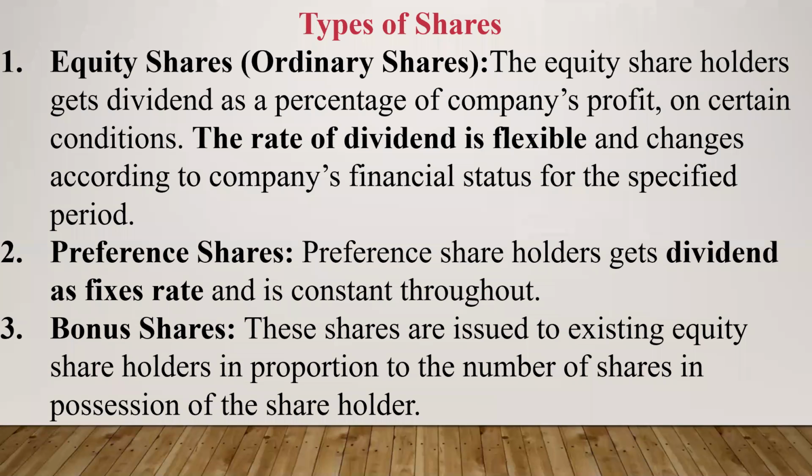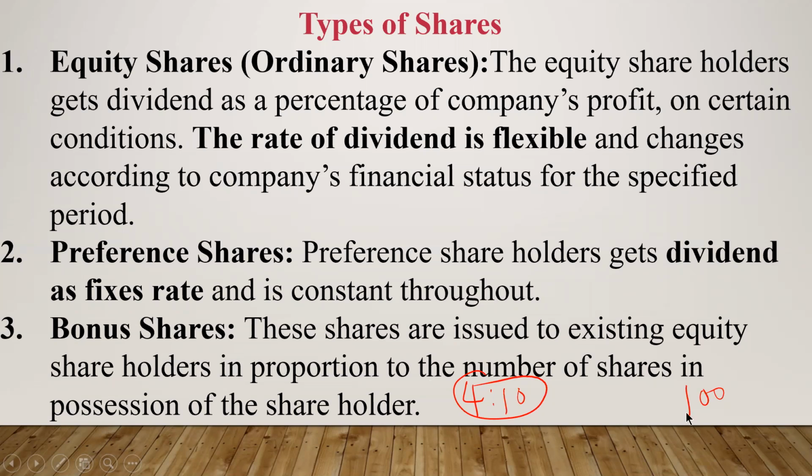So for example, suppose the company gives 4 shares for every 10 shares a person holds. That means in the ratio 4:10. If a person has 10 shares already, then the company has given 4 bonus shares. Suppose a person has 100 shares of the company. On every 10 he is getting 4 bonus shares.